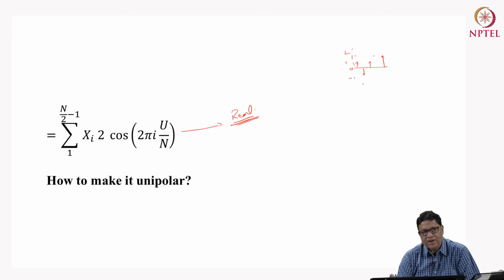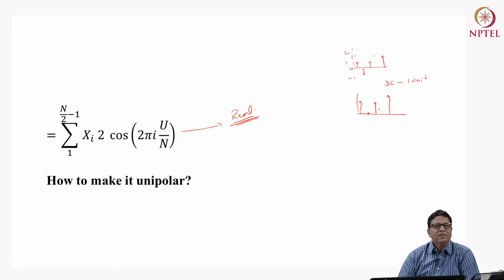Then if I give a DC shift to all these samples, give it a DC shift of, for example, say minus 1 volt, DC shift of say 1 unit, then this will become 2 actually, this will become 2, and this will become 0, and this will again become 2, and this will become 3. So by giving a DC shift, I have made the samples all positive.